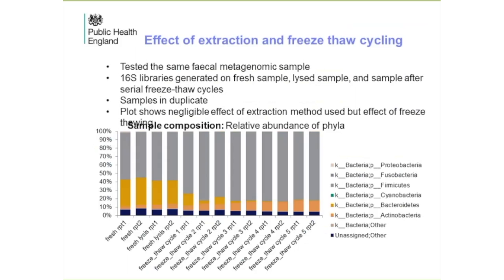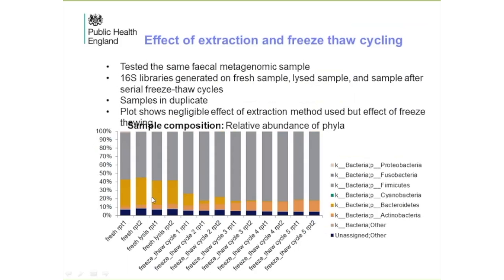We first looked at the impact of the extraction and freeze-thaw cycling. So we took fecal samples that were tested, and we subjected them as fresh samples to lysis directly or extraction directly from the fecal sample, and that's the first set of replicas that you have here. So these are two fresh samples where we have done direct 16S amplification from those for sequencing.